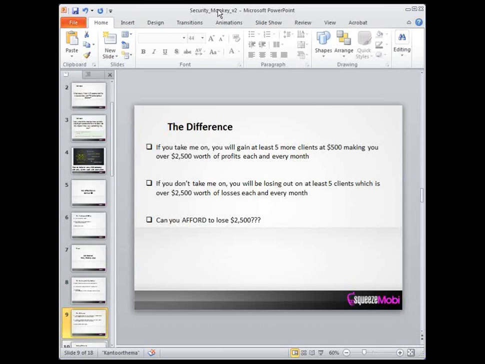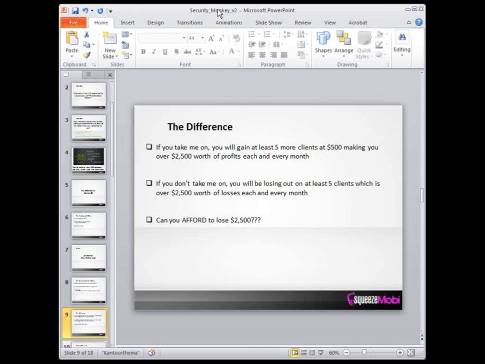But what is the difference going to be if you make less money by $2,500? Now that difference might be you can't pay your mortgage. Your family won't eat. If you make more, you'll be able to relax more, hang out more, take your family out to dinner. But what's a greater motivator? Being able to take your family out to dinner or not being able to eat at all?